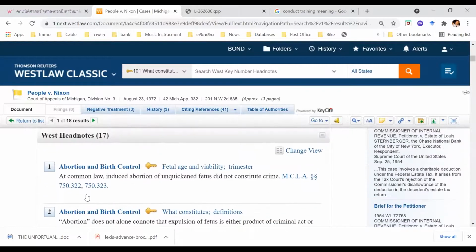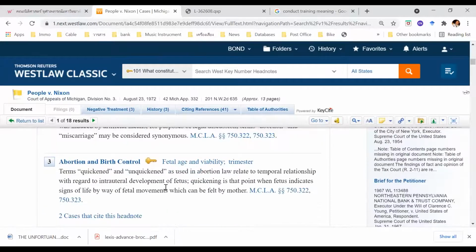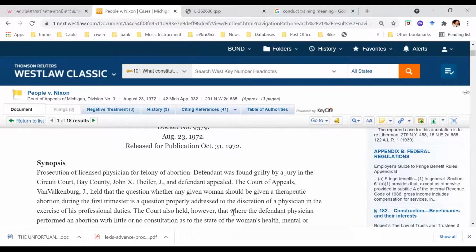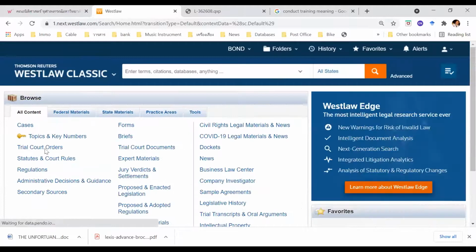So you can go back to the original cases again and look at the terms. This is very easy for you to start with, using the case key number again.